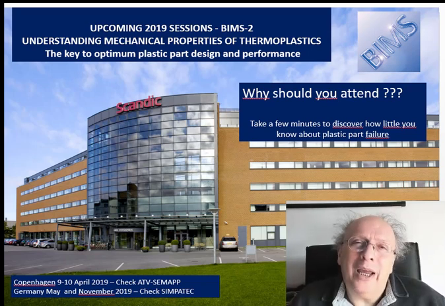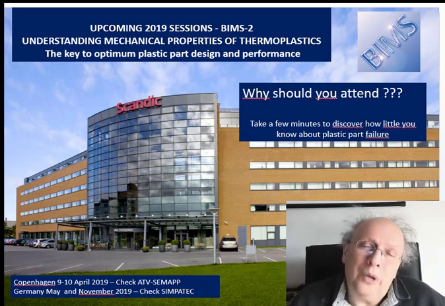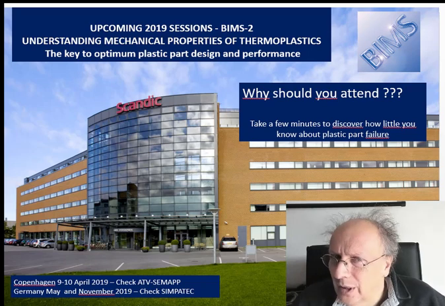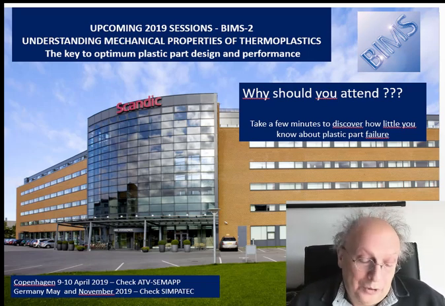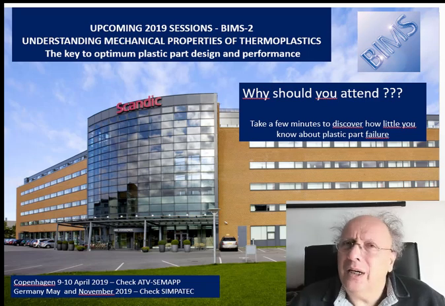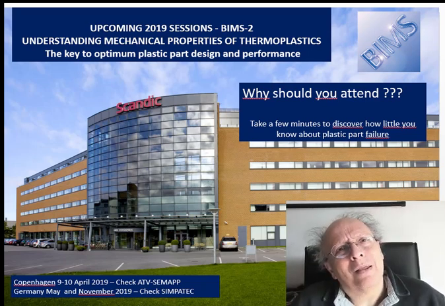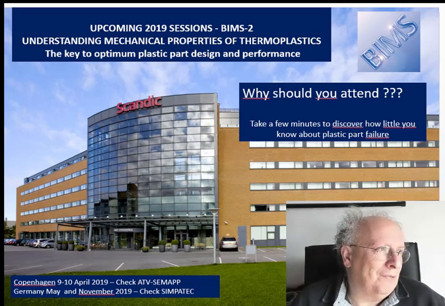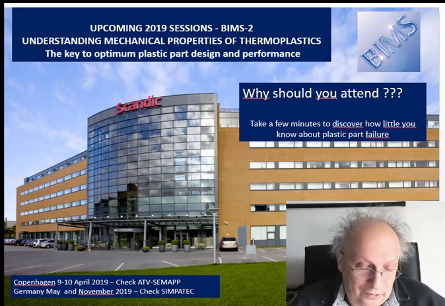So brittle failure is really what we don't like, what happens mostly when we least expect it to happen. And so I will spend a lot of time during this seminar really trying to explain the completely different physics of ductile versus brittle failure.